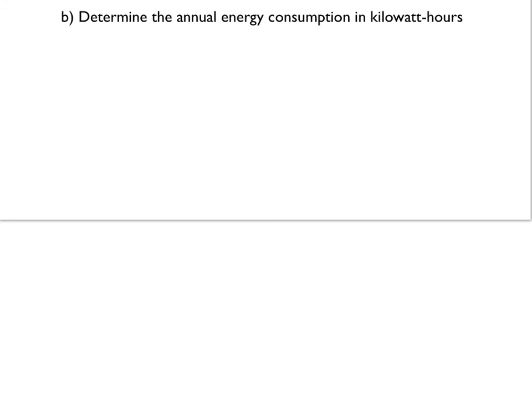Part B says determine the annual energy consumption in kilowatt hours. So now we want to know kilowatt hours per year. So we're just going to have to convert our value. Easiest thing would be to convert the value that you used for kilowatt hours. So we know we got 2.25 kilowatt hours, and that was per day.